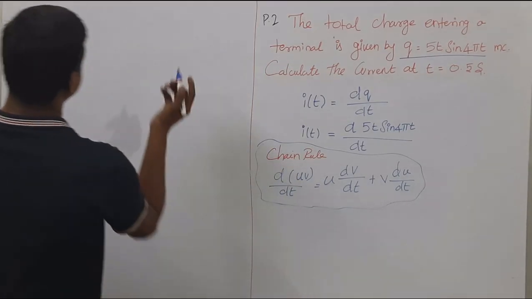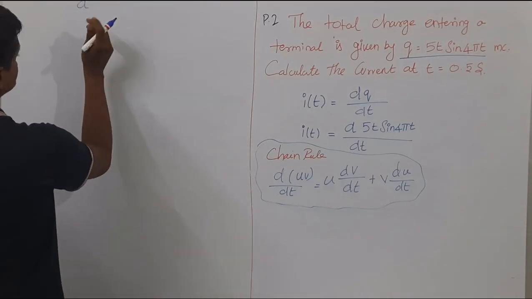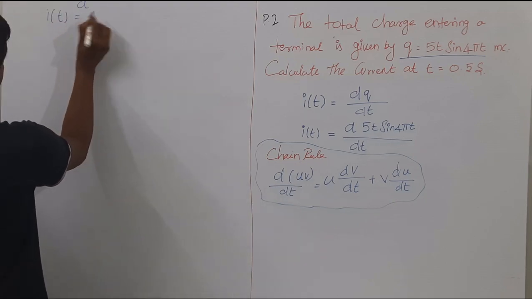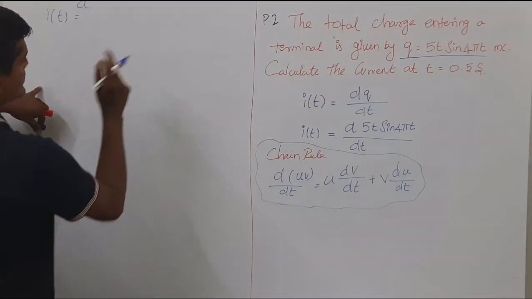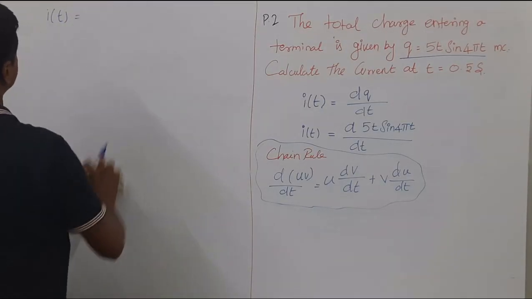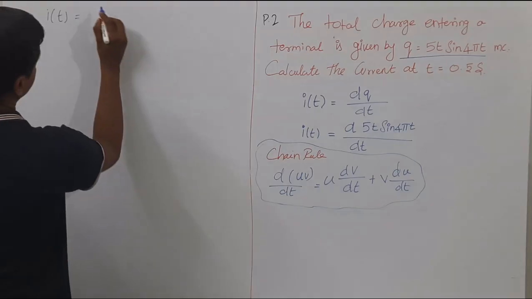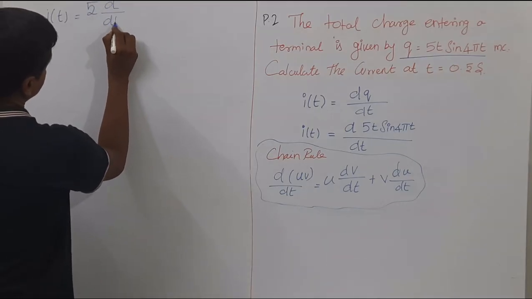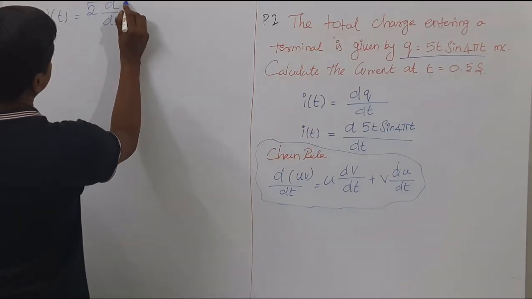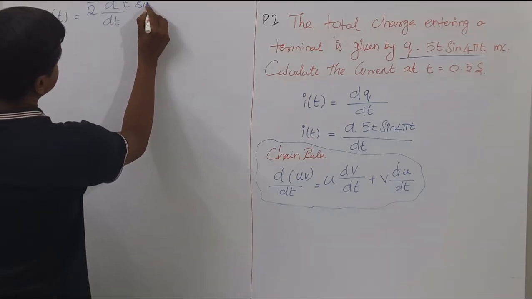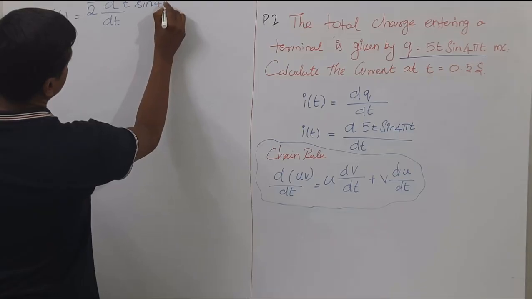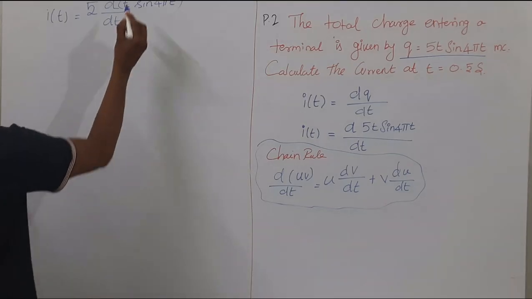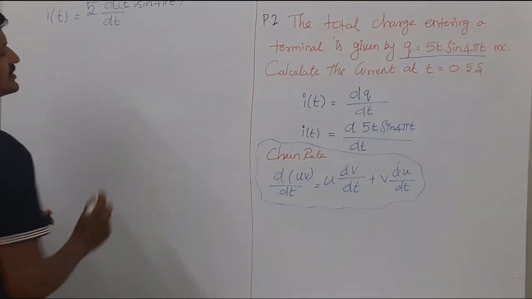So here, i of t is equal to d by dt of 5 t sin 4 pi t, taking 5 as common. Here t is u and sin 4 pi t is v.